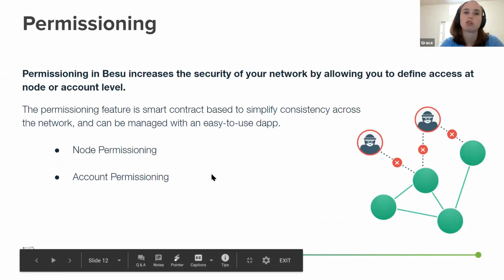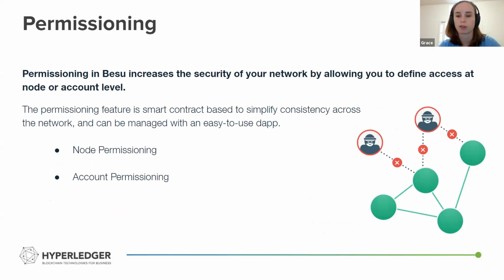So I mentioned permissioning a little, but essentially permissioning means whoever you add to the network. There's a privacy group, which is the layer below a permission network. Within permission networks, you want to be able to add only the people you want, and it can be managed via smart contract in Besu. So you can add or remove members based on node permissioning or account permissioning, which is pretty cool.